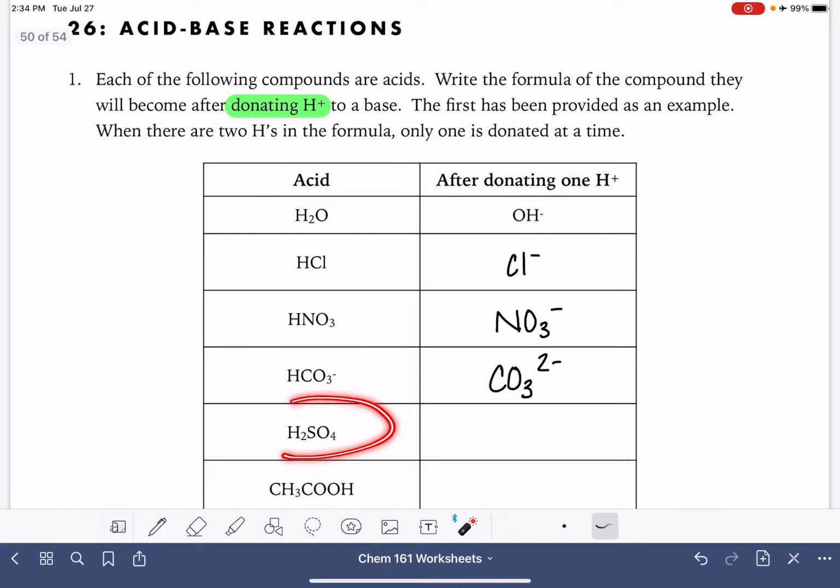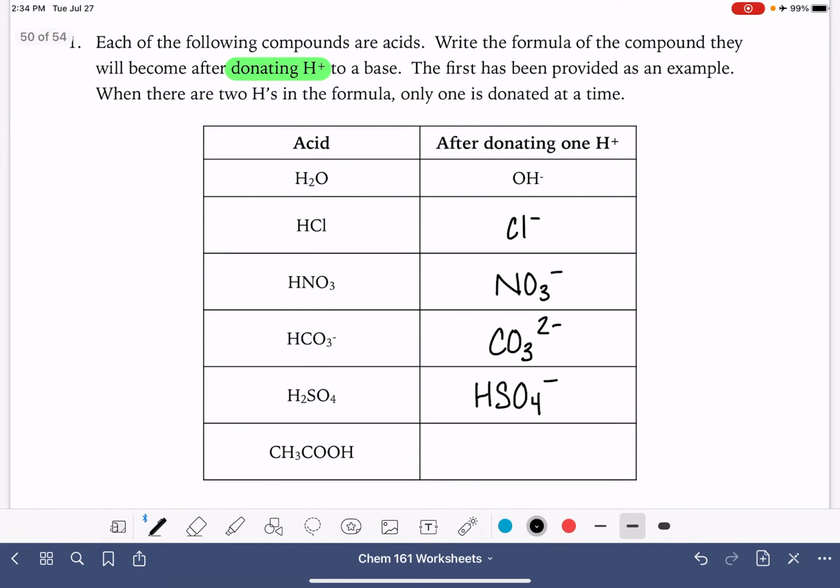Here's H2SO4. When there are 2 hydrogen atoms in the formula, we're only going to be donating 1 of those hydrogen atoms. So we have 2 hydrogen atoms. We're going to take that down to 1 hydrogen atom, HSO4. Neutral molecule, removing a charge. That's going to take us to a -1. And then last but not least, we've got so many hydrogens in this molecule, but we're only going to be removing 1 at a time.